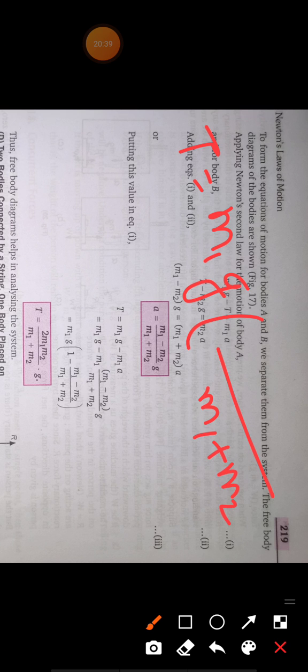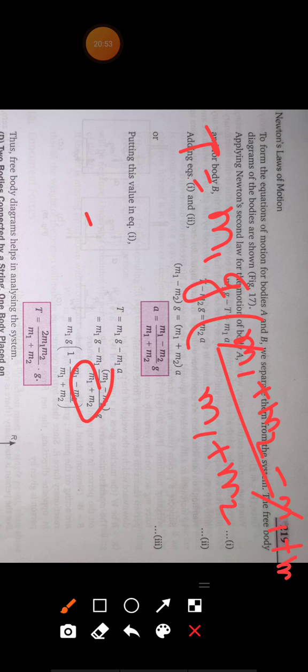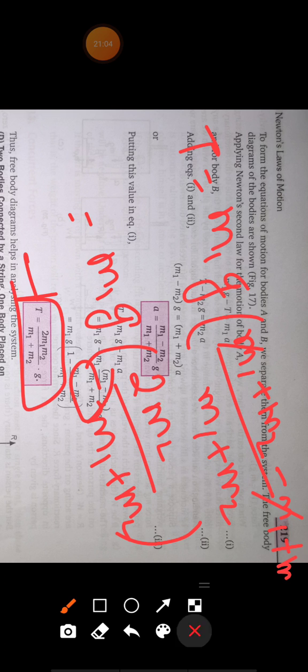So 1 into M1 plus M2 is M1 plus M2, minus M1 plus M2, so minus M1 and plus M2. So M1 cancels, which means M1G into 2M2 divided by M1 plus M2. Now multiply, and you will get this equation, the final equation.